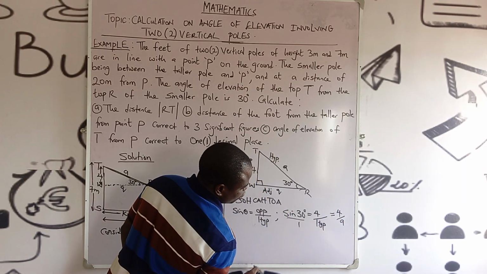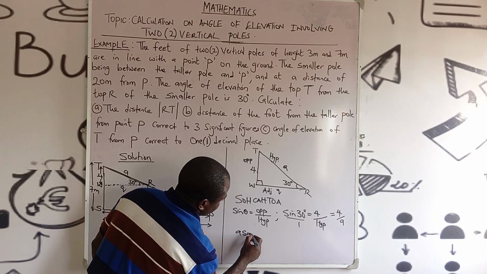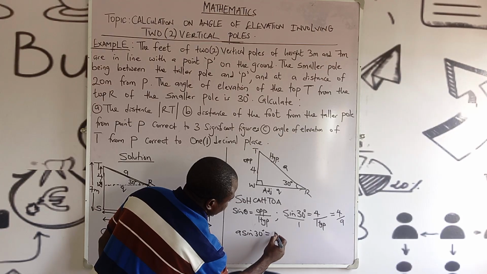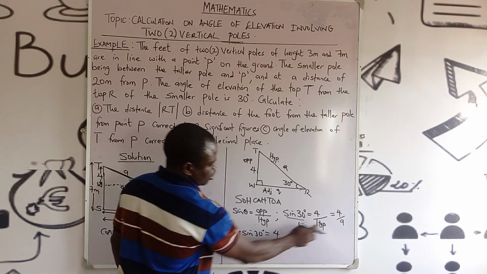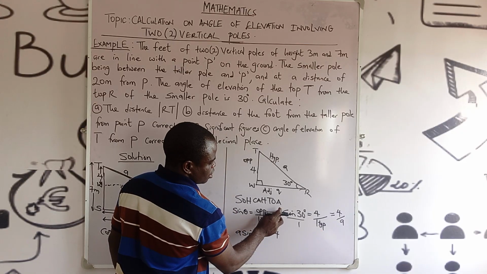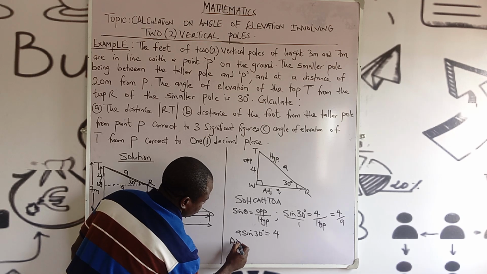This is over 1, cross multiply. You have A sine 30 degrees equals 4. 1 times 4 gives us 4, and A times sine 30 degrees gives us A sine 30 degrees.